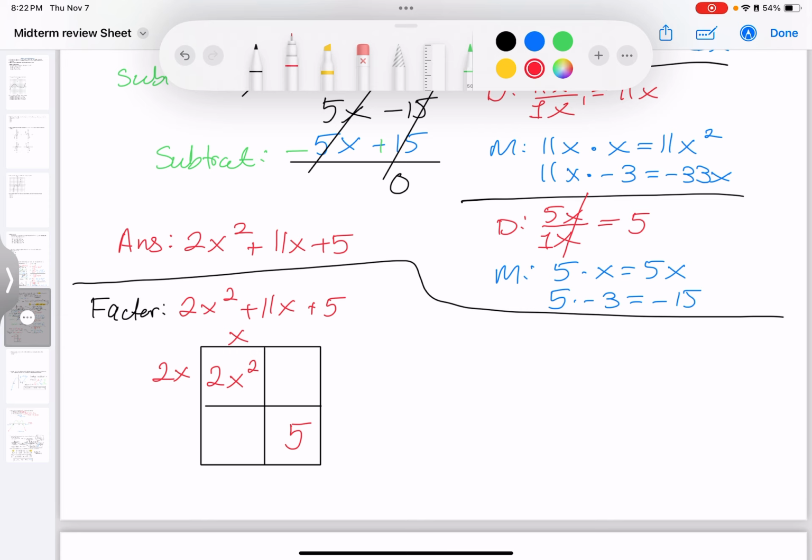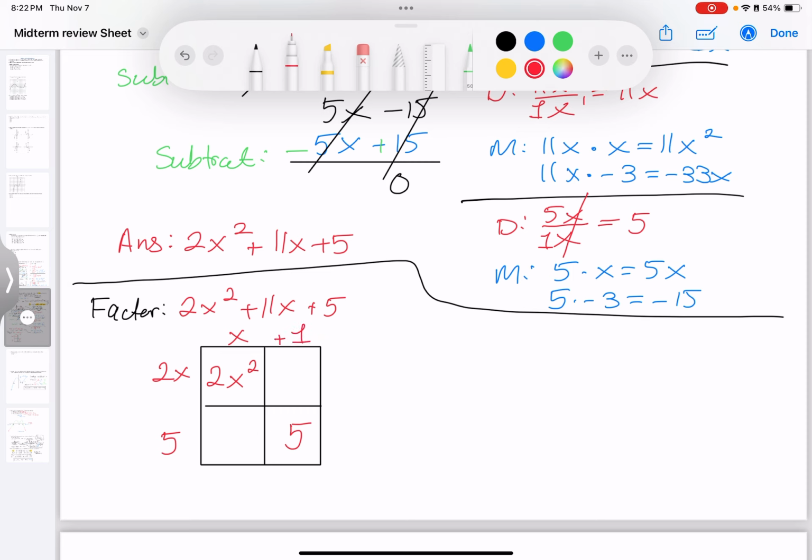But it matters how you place the 1 and the 5. So what I'm going to do is, for the first example, I'm going to place the numbers incorrectly. So I'm going to place the 5 here and the 1 there, and see if that works.